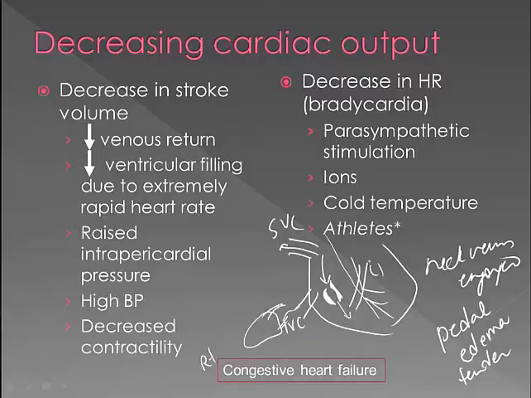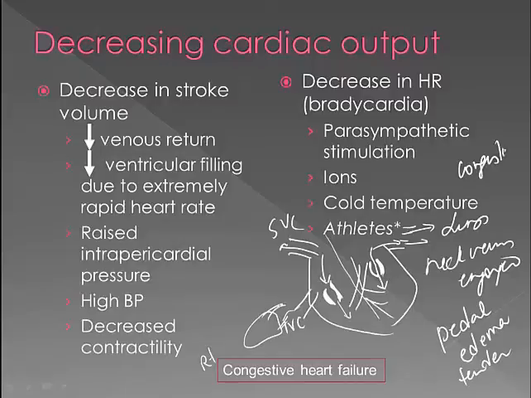On the left side, imagine if the mitral valve was narrowed. If you know the cardiac cycle, it becomes easy to understand what will happen. Blood will not go from the left atrium into the left ventricle. It will backtrack into the pulmonary veins, which are bringing blood from the lungs. So the blood from the lungs is not able to empty out properly, and there is congestion in the lungs.